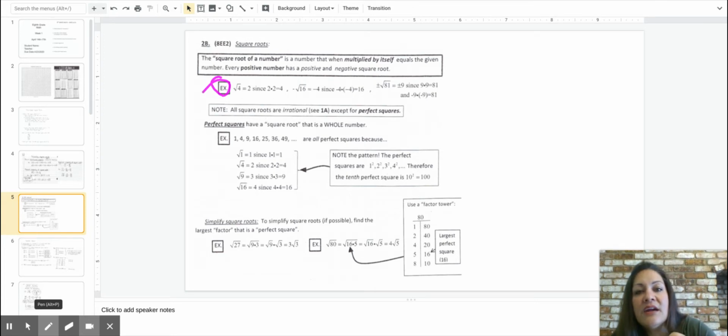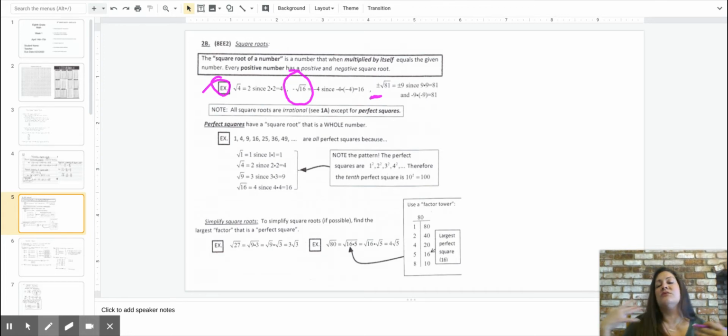And then here we have negative square root of 16. So that equals negative 4 because negative 4 times negative 4 is 16. Right here, if you want to do a plus or a minus, then your answer is either going to be plus or minus. And so whatever symbol it's showing you in front of that radical sign is telling you what the question's asking you to do, positive, negative, or either one.